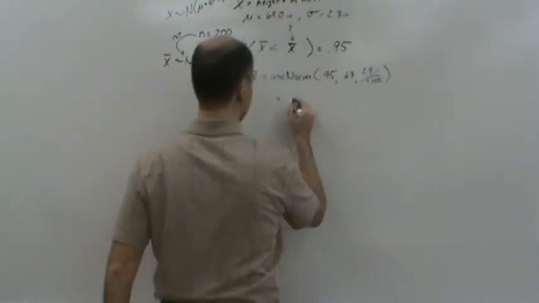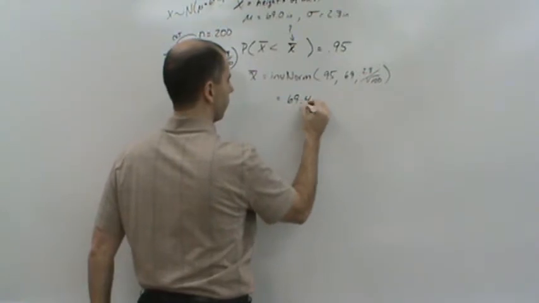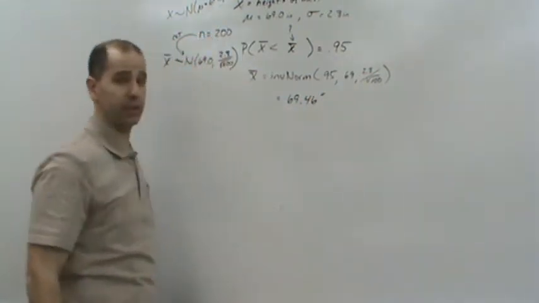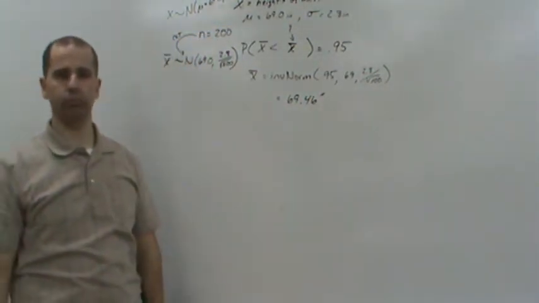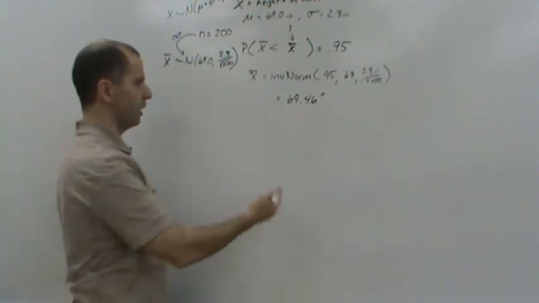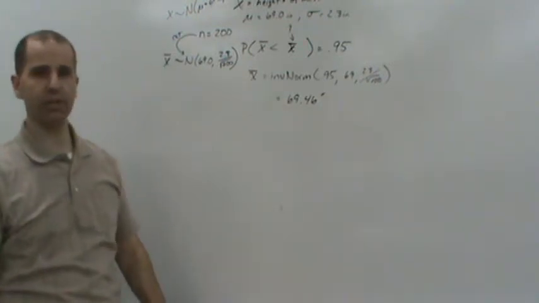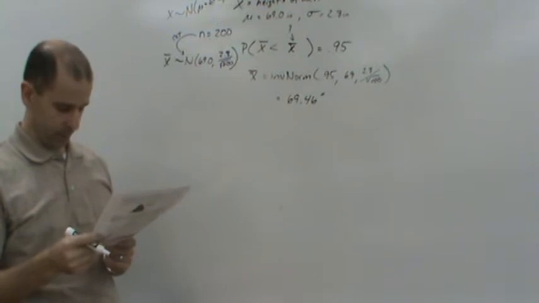And we'll just change that to 100. 69.46. Okay, so not a big change. Not a big change at all. So still, if they had the door at 70 inches, it'd still be perfectly fine.